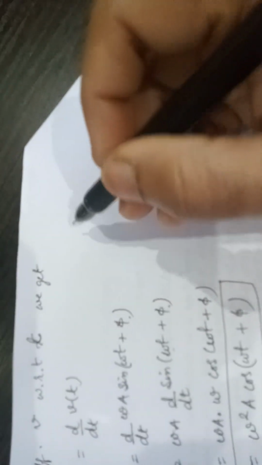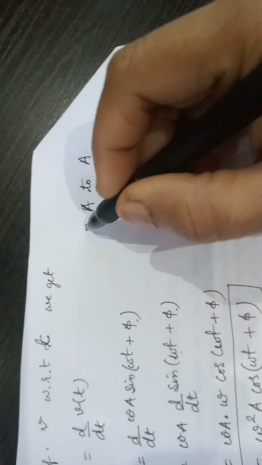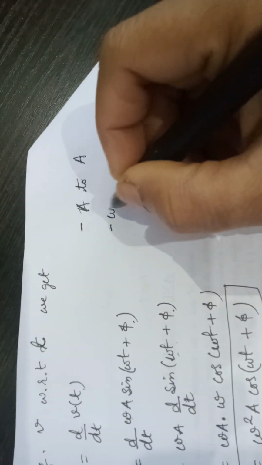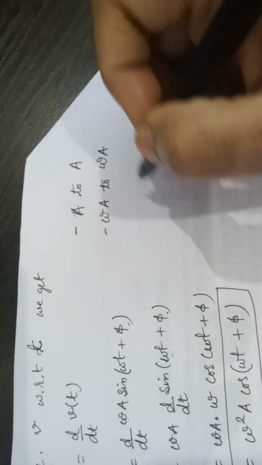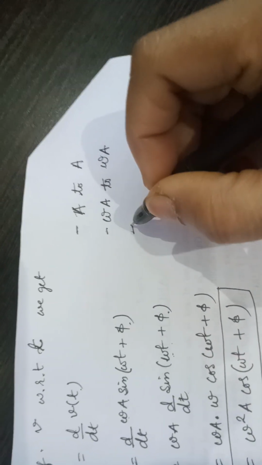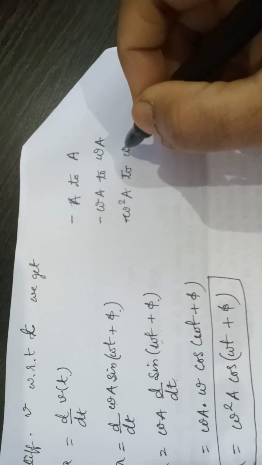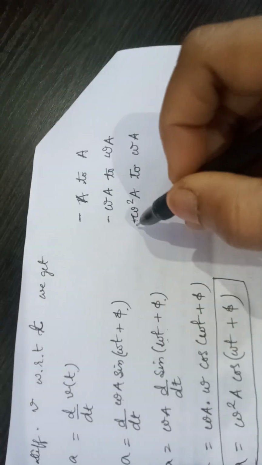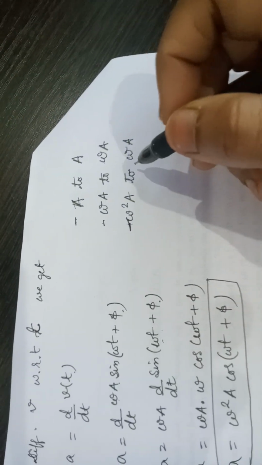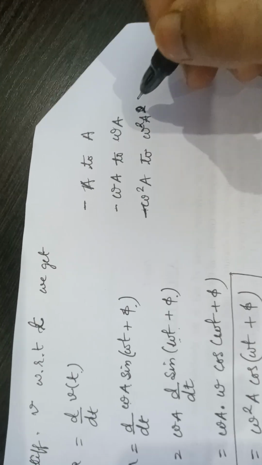As displacement varies from minus a through 0 to plus a, the maximum displacement, similarly velocity also varies from minus omega a to omega a, and acceleration also varies from minus omega square a to omega square a.